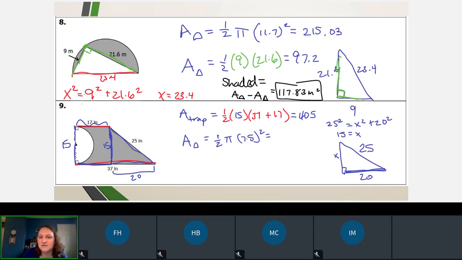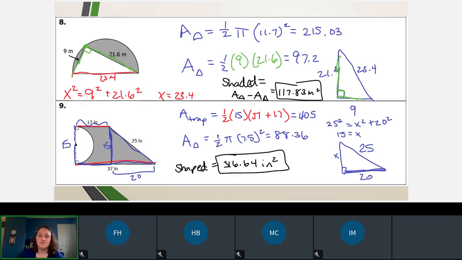So half of my circle area is 88.36. So our shaded region, we're going to take the area of that trapezoid and subtract that half circle, and you should get 316.64. Your units are inches squared.